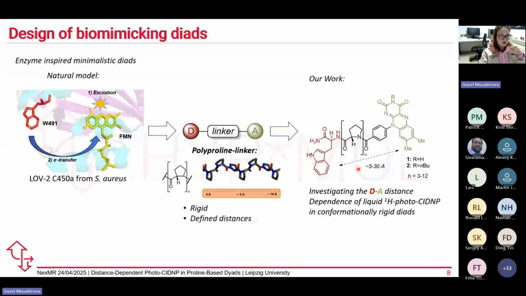This is one of the molecules that we have synthesized. It contains different lengths. We used in our work 3, 4, 6, 9, and 12 proline dyads. And as well, it has two kinds of substitution at this position, H or N-butyl.